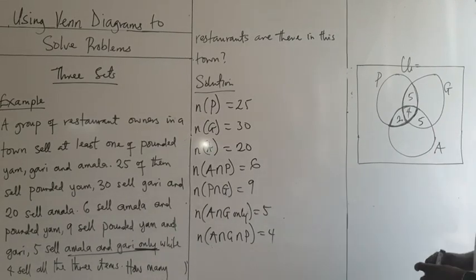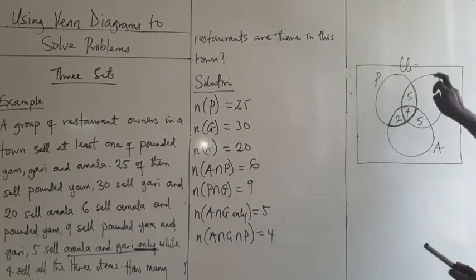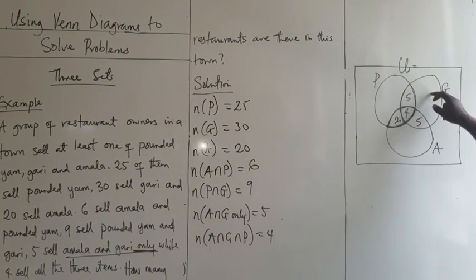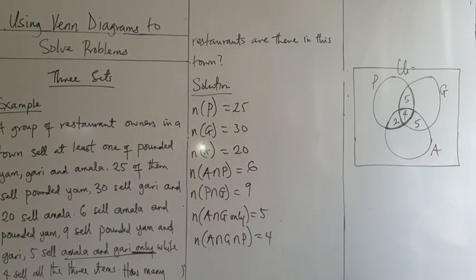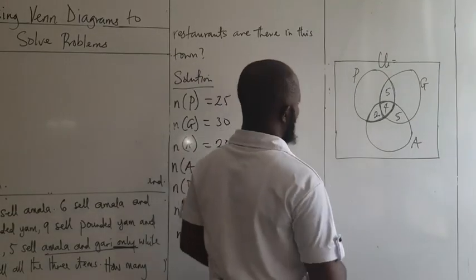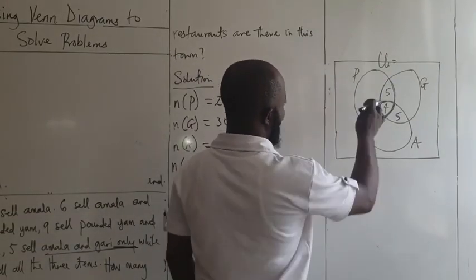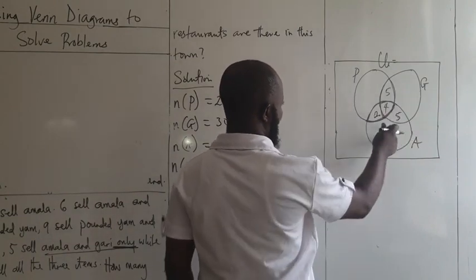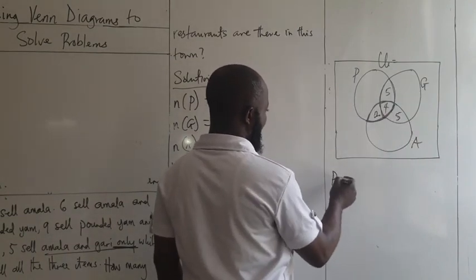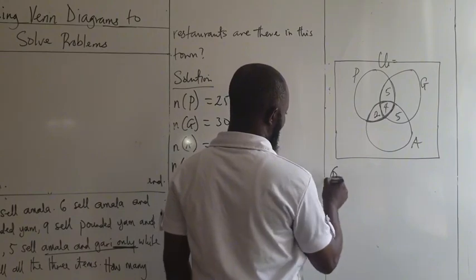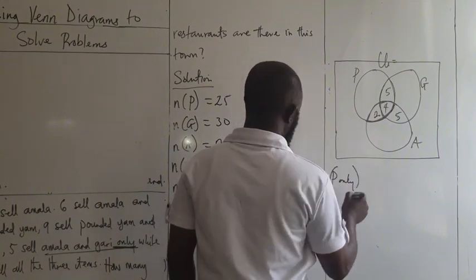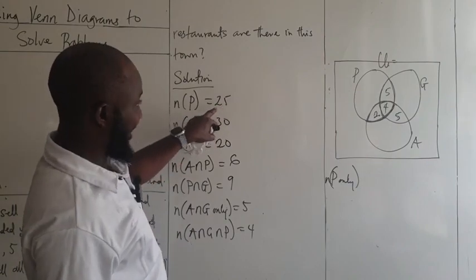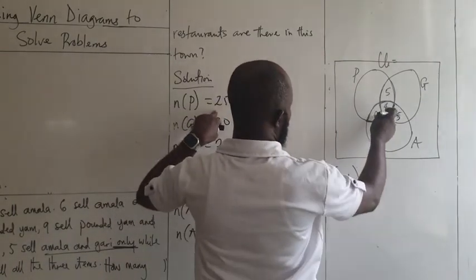So the next is to look at the 1, 1, 1. What will be pounded yam only? What will be gari only? What will be amala only? So the next thing to do now is to find P only, G only, and A only. To find P only, the total P is 25, and this is already out of it.